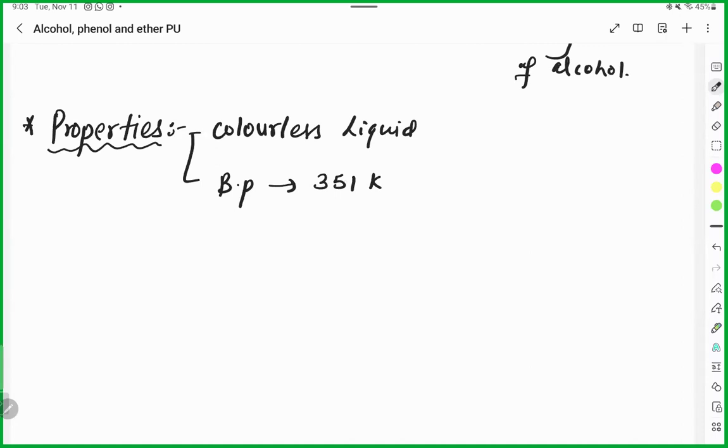If you compare the boiling point, compared to methanol, should ethanol have a higher boiling point or lower? It should have a lower boiling point. Very good. Why? Because branching increases.